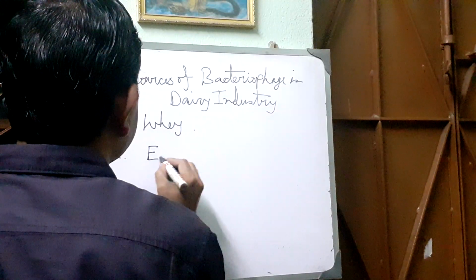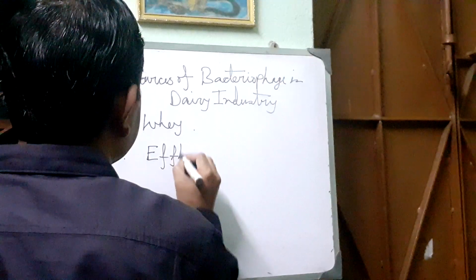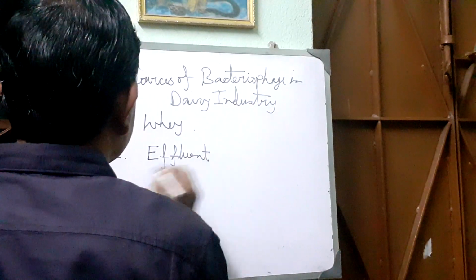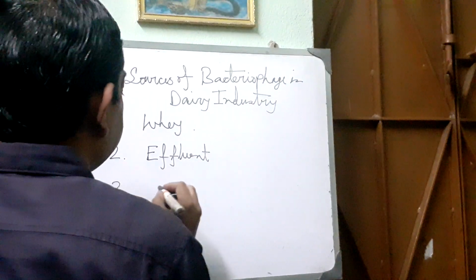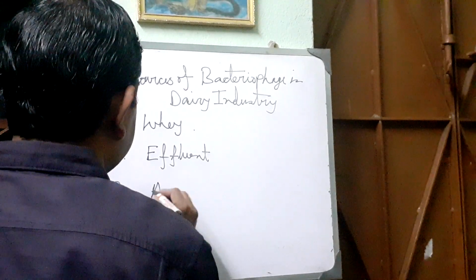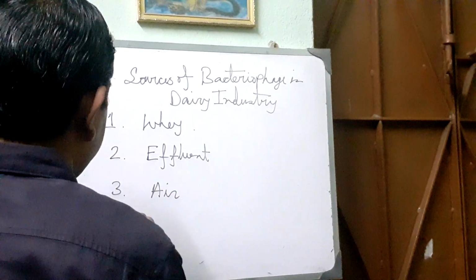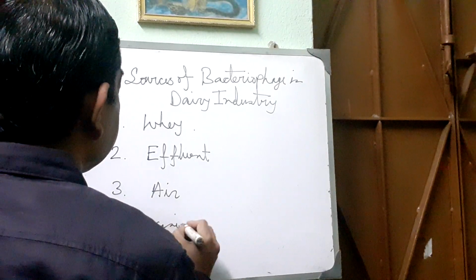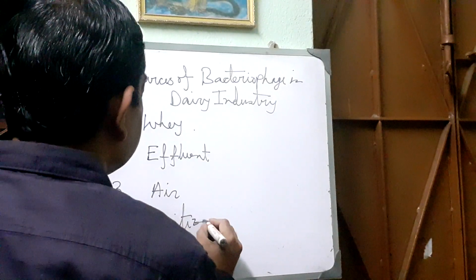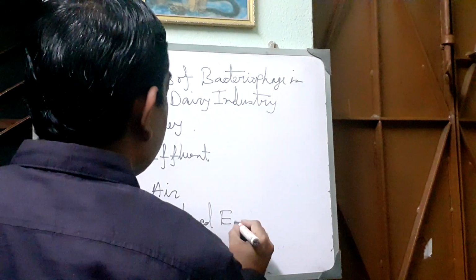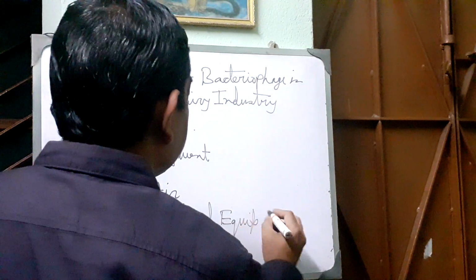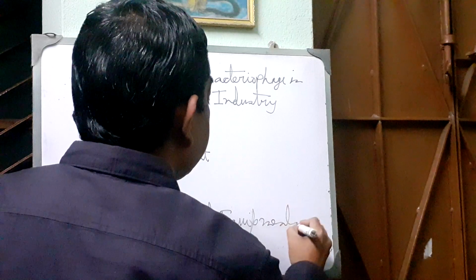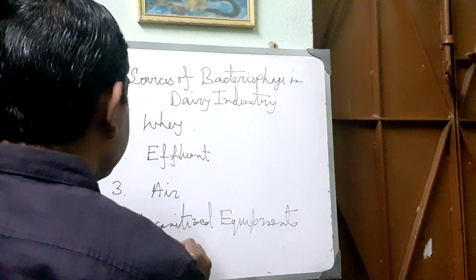Second one is the effluent. Third one is the air. Fourth one is unsanitized equipments and pipelines.